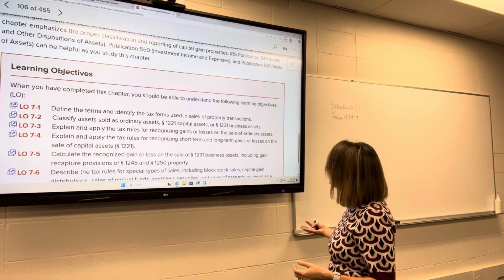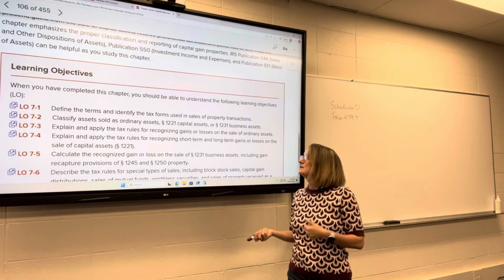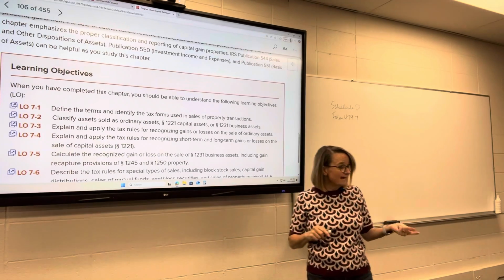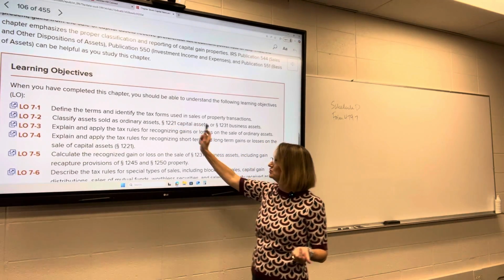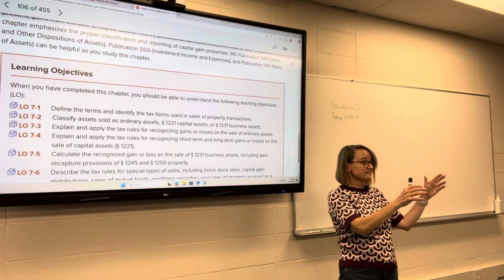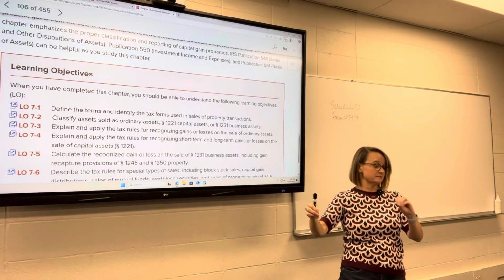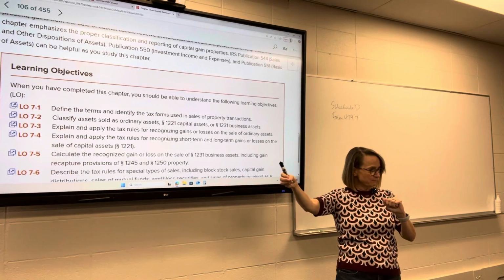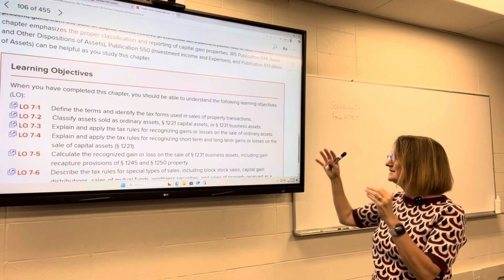We have 3 classifications of assets that we're going to cover. Ordinary assets, capital gain assets. So you can see we've got some numbers that we're going to be introducing here. Section 1221. So we had that Section 179 deduction that we talked about last chapter, referred to the code section under which it's described. Same thing here.